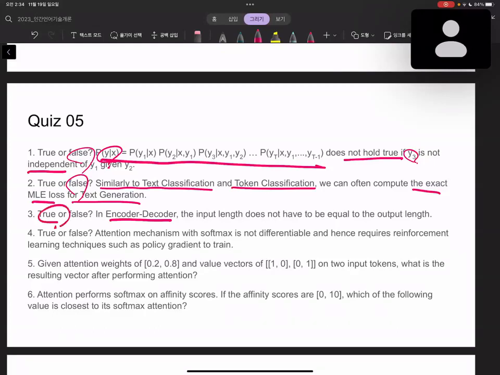Okay, this is true. An attention mechanism with softmax is not differentiable. Okay, this is false, that is differentiable.